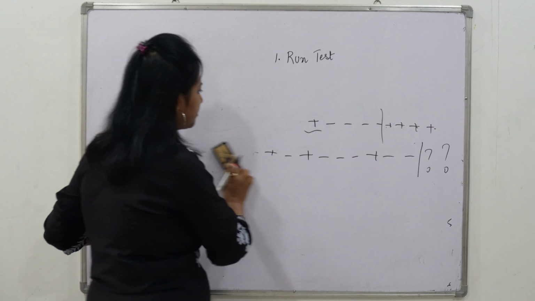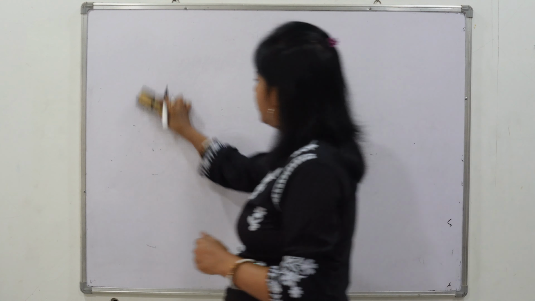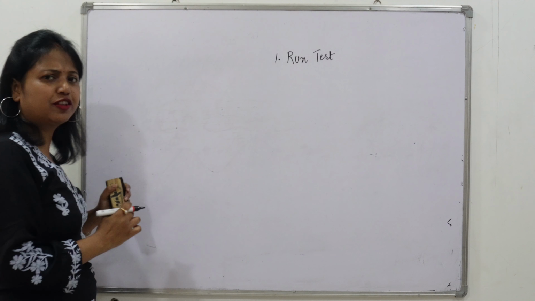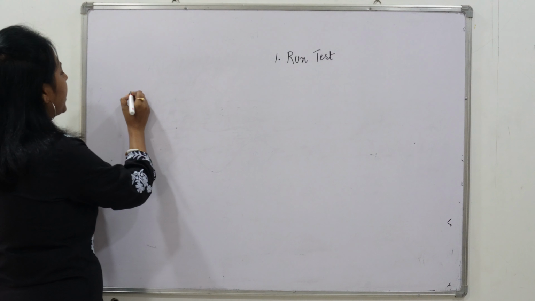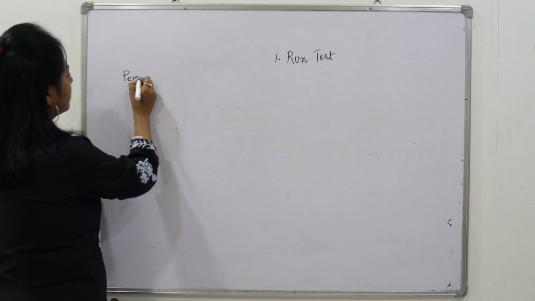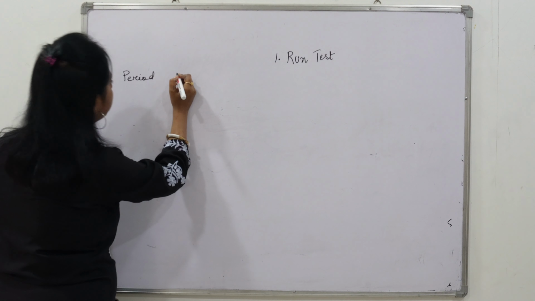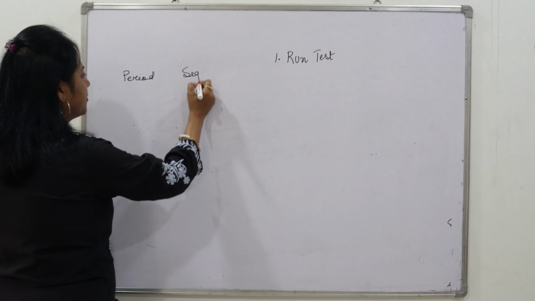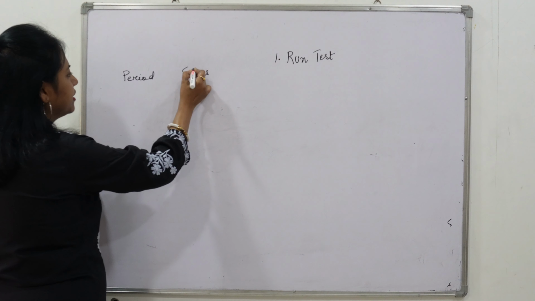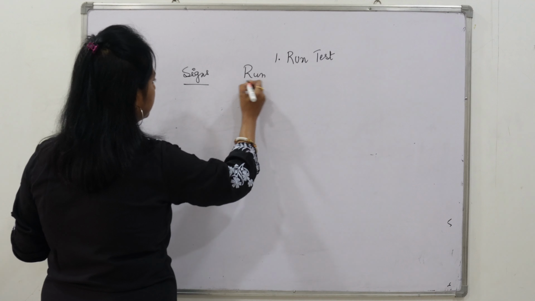Let's start. I'll give you my hypothetical data. Suppose you have, for example, the period. This is simply hypothetical, and we have the signs. Then we will have another one, that is the run.